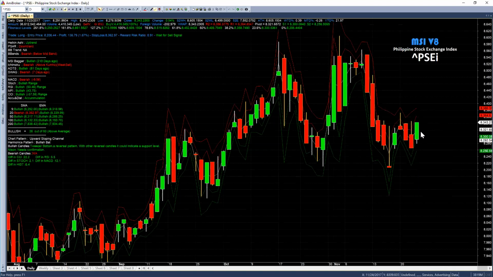Using this one, pwede na kayo magkaroon ng trading system nyo by assuming that your resistance can be your target prices and your support can be your possible bounce area or kung saan mag-hold yung prices.